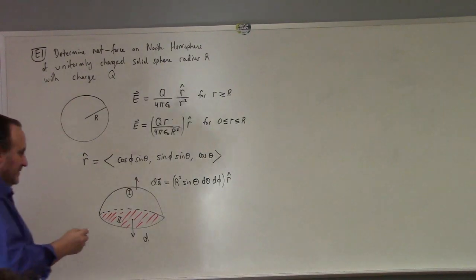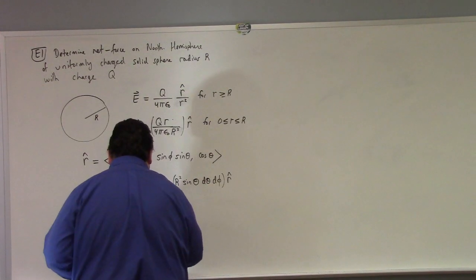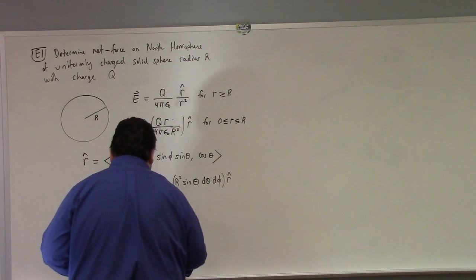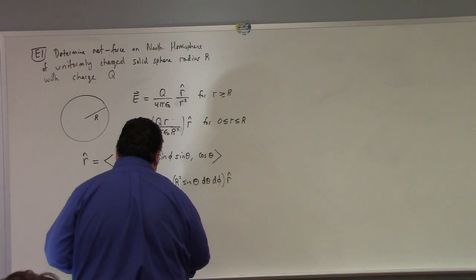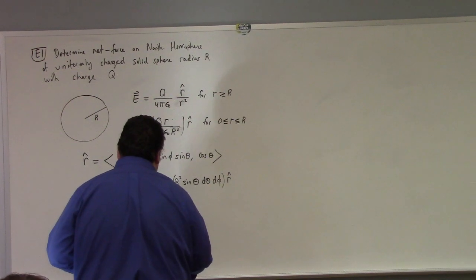So down here, dA is just, golly, I suppose you could write it. I'm debating which letters are best to use down here.